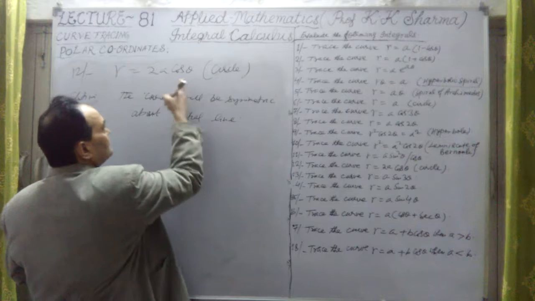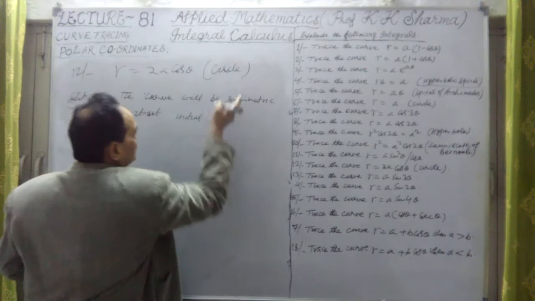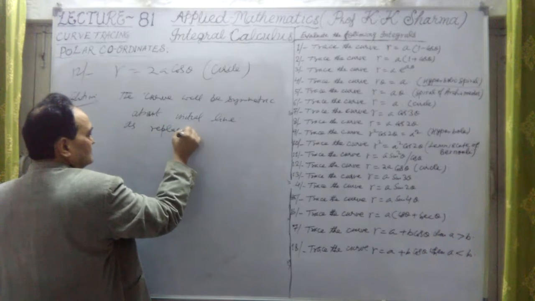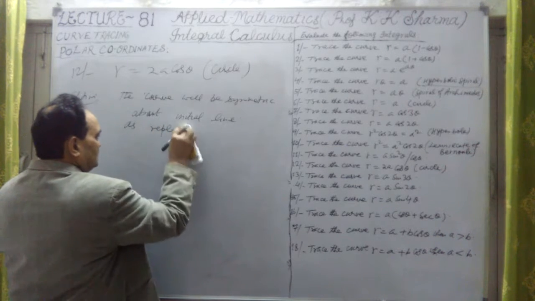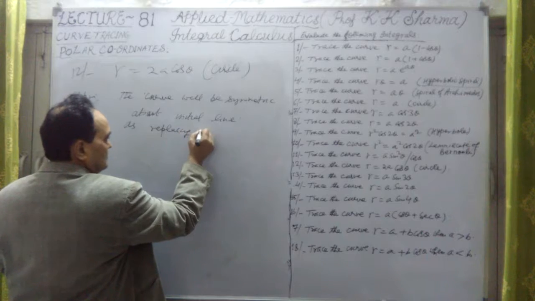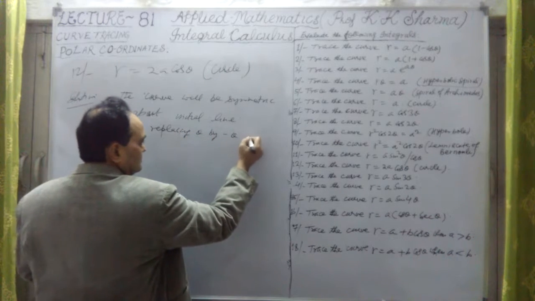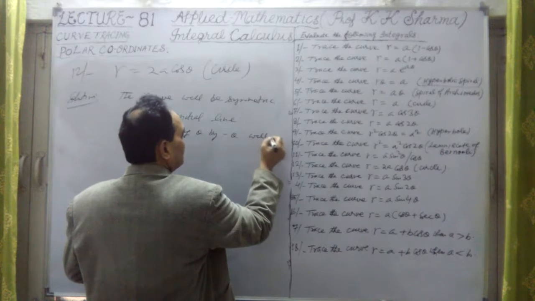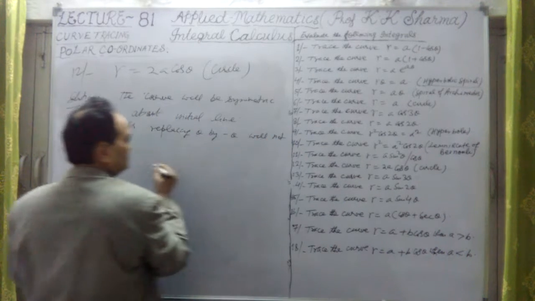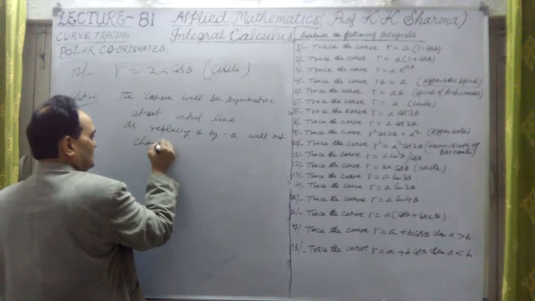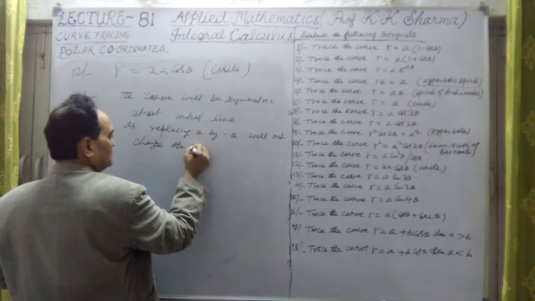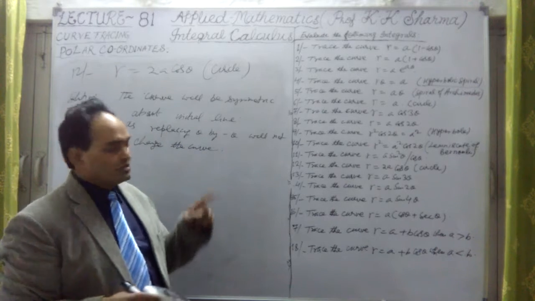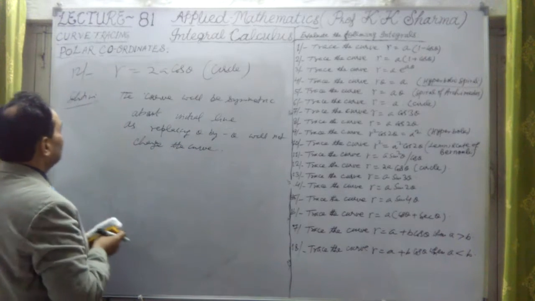Why? Because if we replace theta by minus theta, there is no change in the curve. Replacing theta by minus theta will not change the curve. Therefore, the curve will be symmetric to the initial line. This is one of the points here.